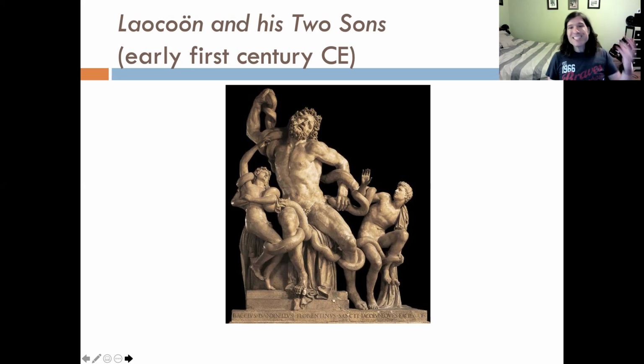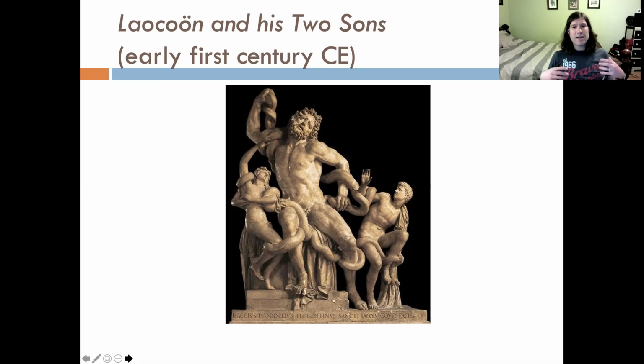Look at the physique of Laocoon. For one thing, it is incredibly impressively sculpted in a very realistic way. The treatment of musculature and bones and veins and all of that is highly realistic. It is also idealistic in the sense that Laocoon is a pretty impressive specimen.